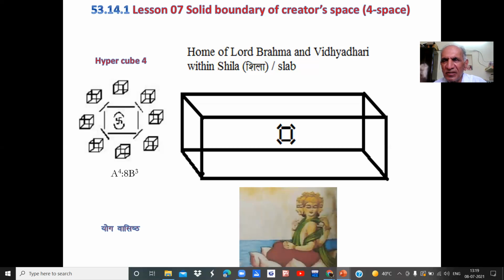Yoga Vasishtha specifically preserves the enlightenment that this manifestation of Lord Brahma is as localized Brahma. The localized Brahma and universal Brahma are 2 distinct conceptual terms.